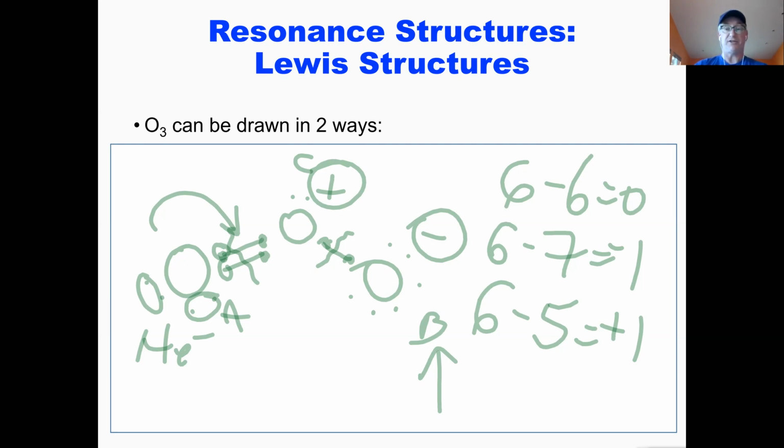So in this situation, electrons like to go from places where it's negatively charged to places where it's positively charged. Electrons are negatively charged, so that's the way they're normally going to move. That's how electron current moves, from negative to positive pole, right? So one of these 3 lone pairs on oxygen B is going to move.